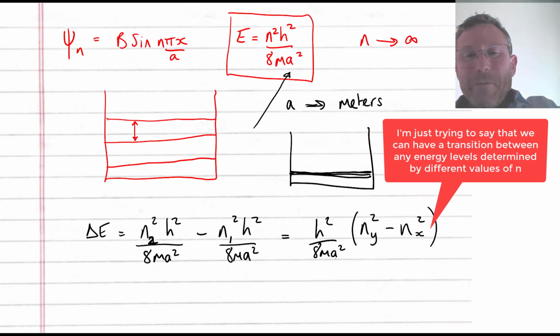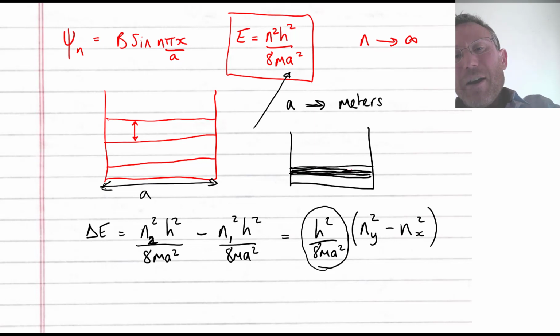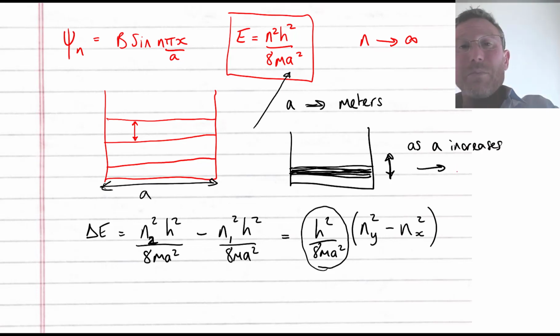So the gap is also determined by the length of the box a, and also the mass of the particle. So if we have a very large length of the box, we're going to find that these states start to really overlap with each other. And what we find here is that as a increases, we tend towards more of a continuum of energies.